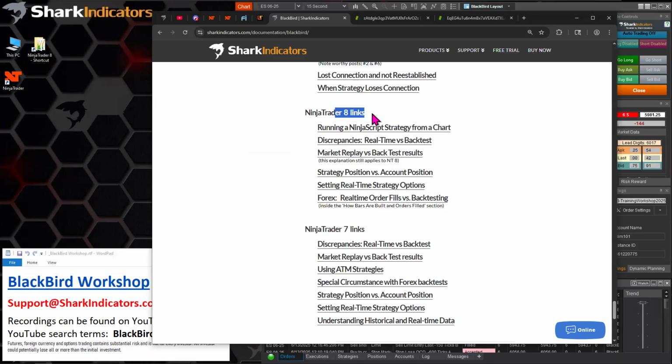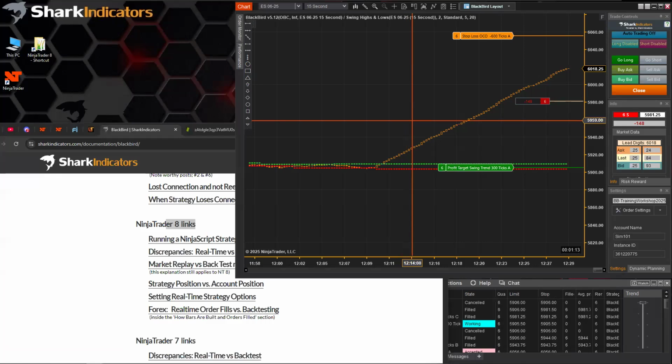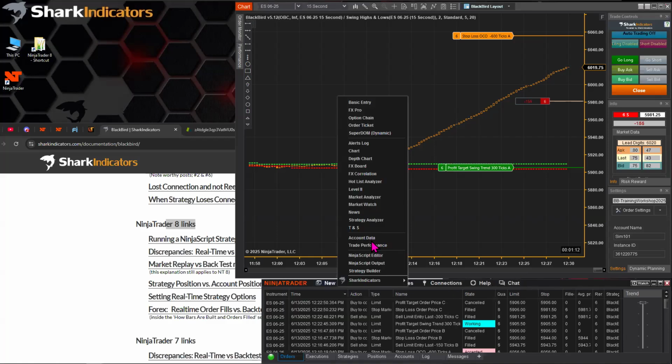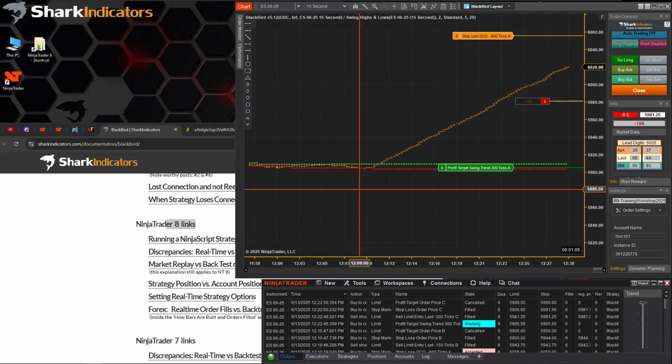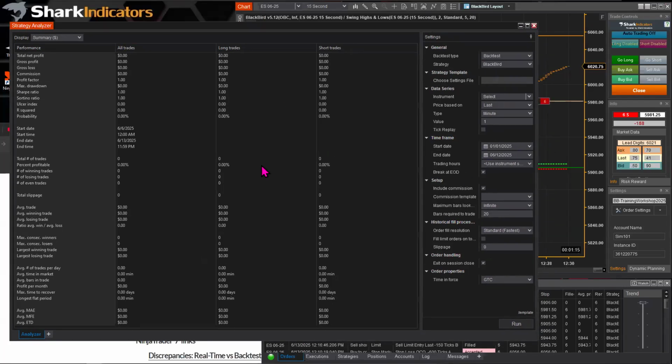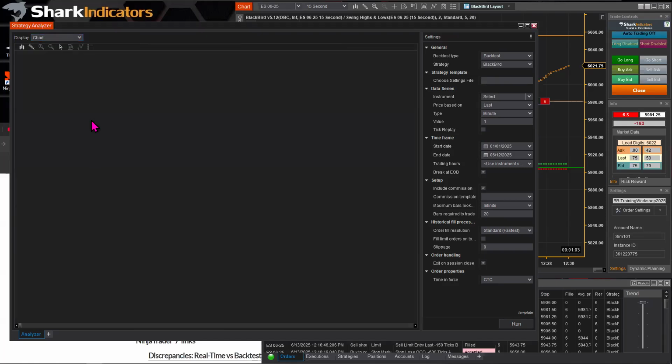So there might actually be a page now that will give you a bullet point list of all the things to check to make sure that the data you're working with on your chart is perfectly synchronized bar for bar with the data that you're loading into the strategy analyzer. Yeah, right.